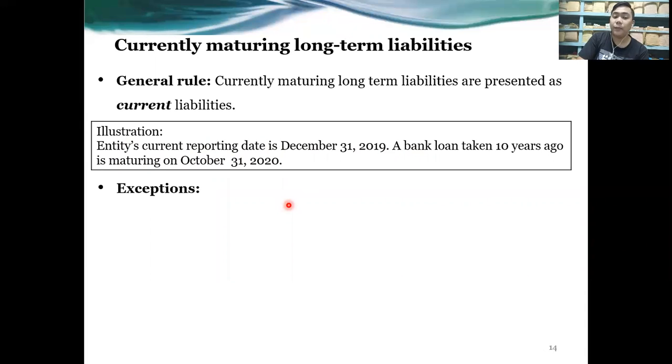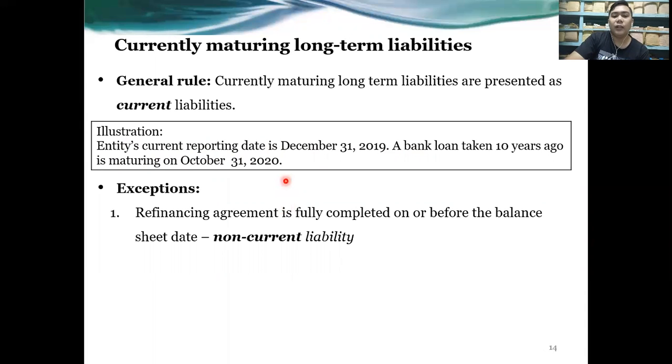Okay? Except, for example, this bank loan, may ginatawag nga refinancing agreement. Anong refinancing agreement? For example, hindi mo pa fully paid ang bank loan and wala ka kwarta pambayad. So a refinancing agreement that is fully completed on or before the balance sheet date, or on or before December 31, 2019, i-consider mo siya as non-current liability.